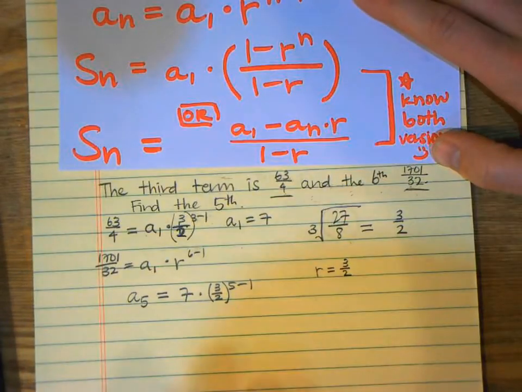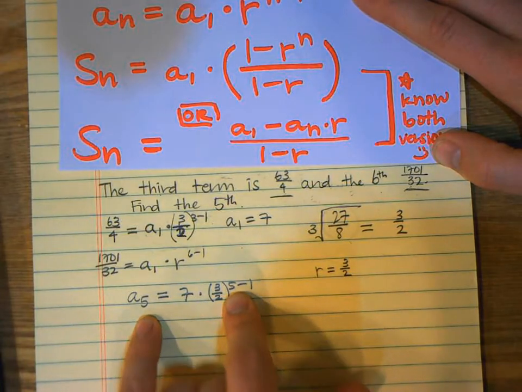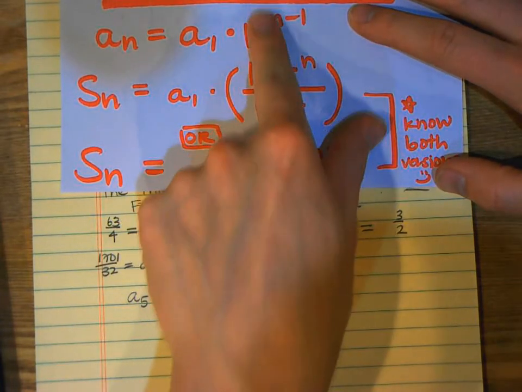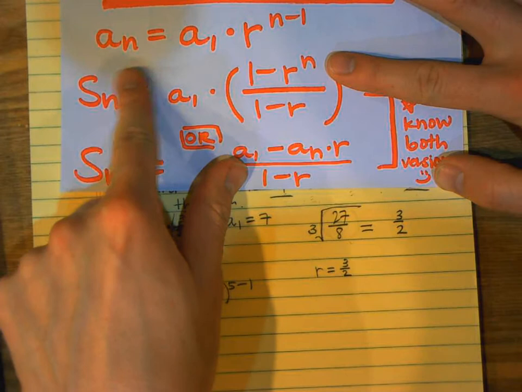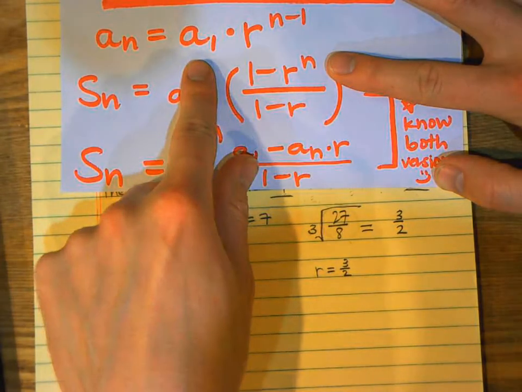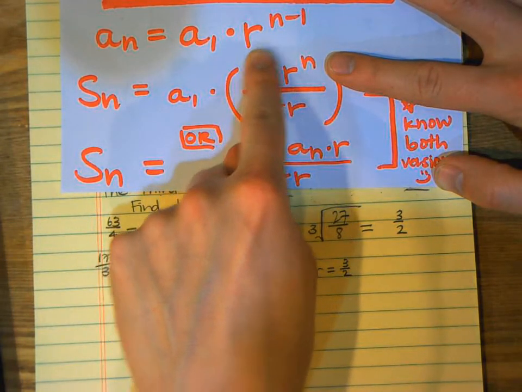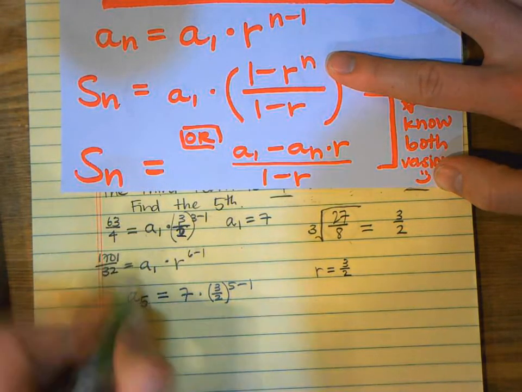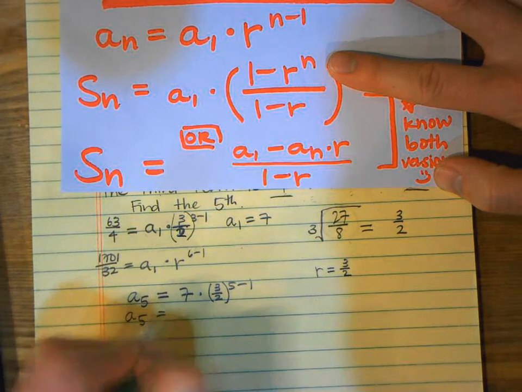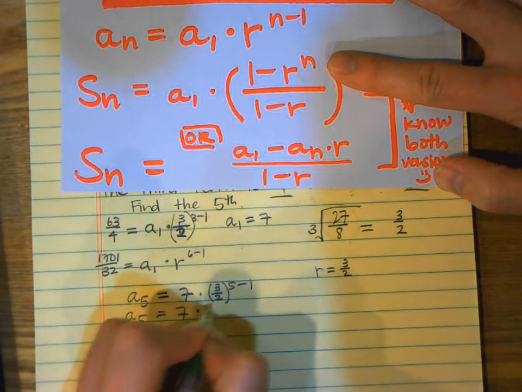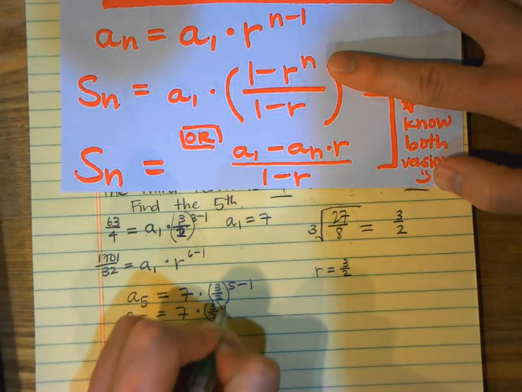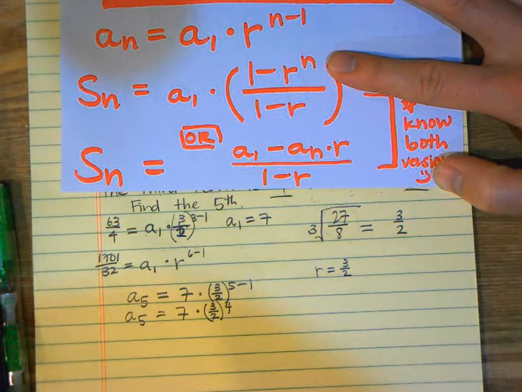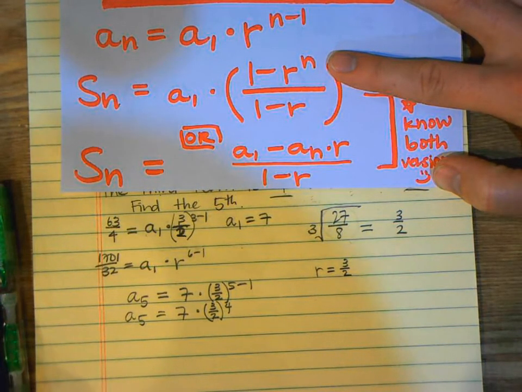Right now I'm doing 5 minus 1 because this is the fifth, and according to this formula up here, I need to do a sub 5 equals a sub 1 times r, which is 3 over 2, to the power of 5 minus 1, which is going to be 4. So a sub 5 is equal to 7 times 3 halves to the 4th power. And now I use my calculator to do that calculation.